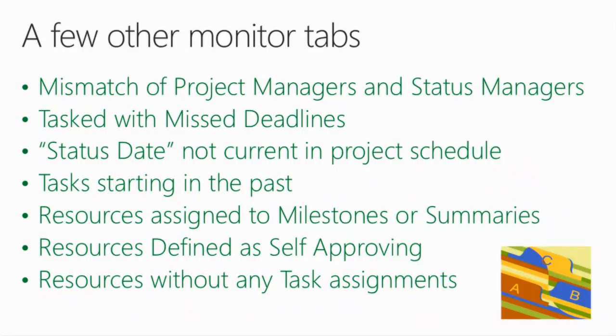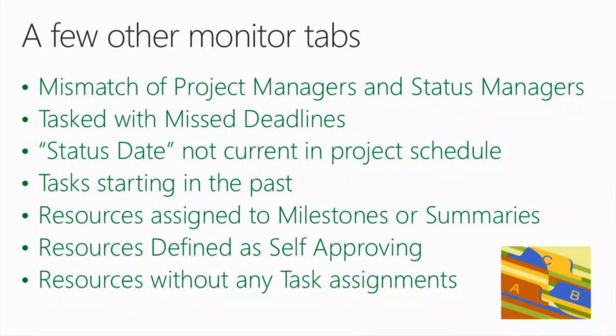But if you have governance and standards within your PMO, you can find this for them. One thing is we don't assign resources to summary tasks or milestones. I think you can do it, but for the most part, it's not a great idea. It'll skew your numbers if you start doing that.